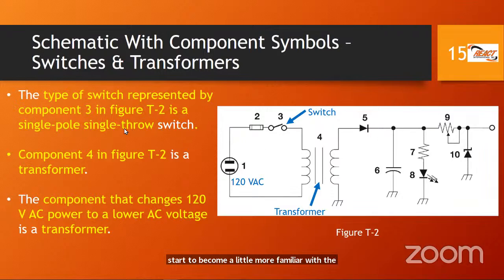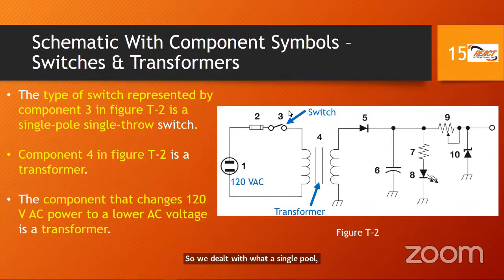For the exam, remember we said this is a switch, component 3. But for the exam, we need to know the type of switch represented by component 3. It is a single pole, single throw switch. That's an exam question, and you need to learn it. We dealt with the single pole, single throw switch in a previous slide.